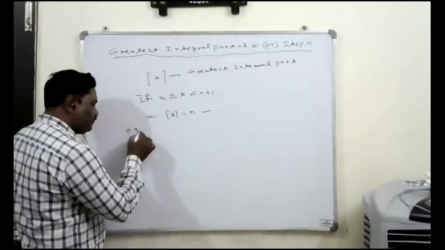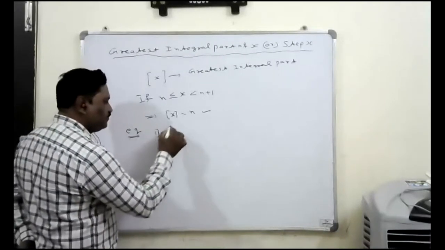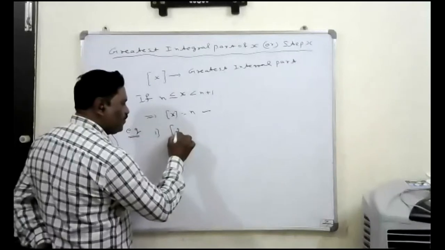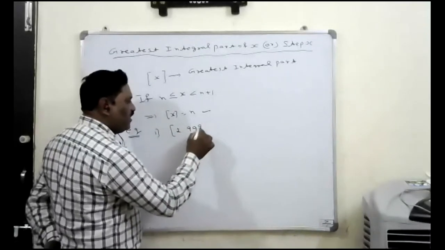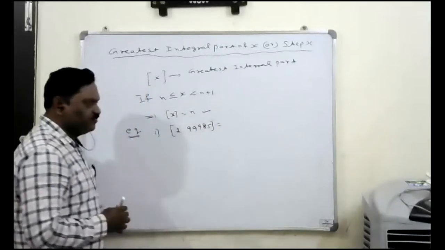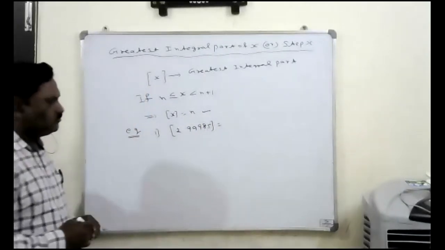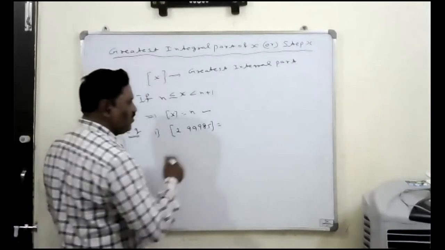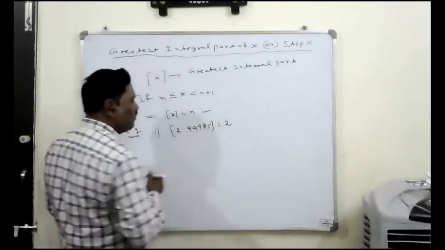For example, first one, integral part of 2.99985 is equal to how much? 2.